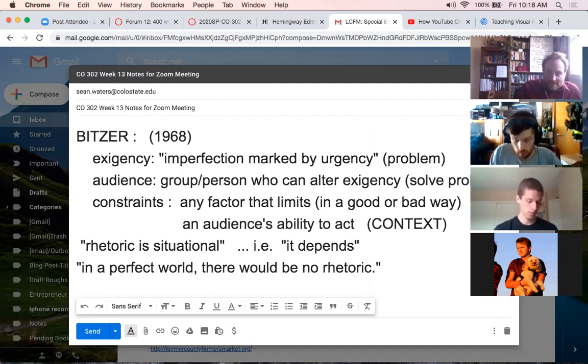What's interesting about this theory is that it sees rhetoric as a way of solving problems, and those problems could be any number of things. I normally ask students to consider some particularly important problems that we could help solve through communication. There's big problems going on all the time.